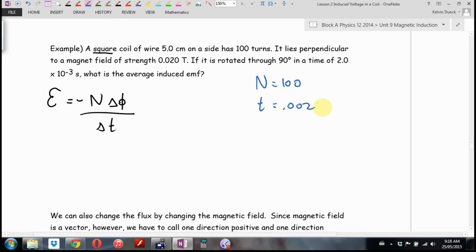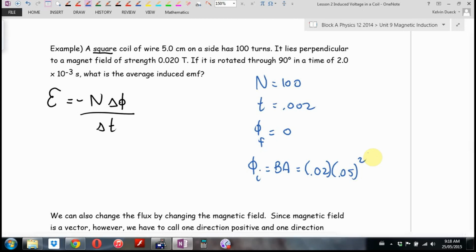What's change in anything? So I usually go flux final, which in this case you guys told me is 0. Flux initial is going to be BA. B, 0.02. A, 0.05 squared. And again, if you want to crunch that and write it as a number, you can.